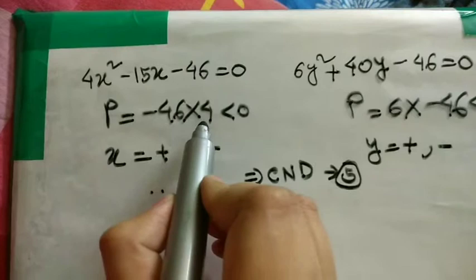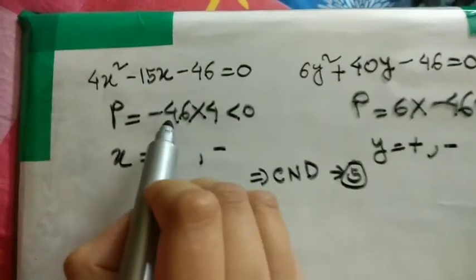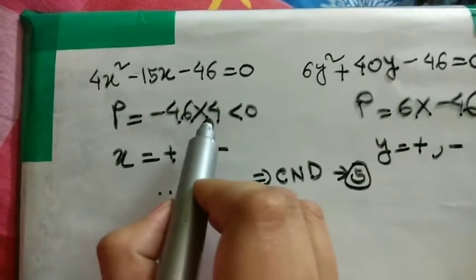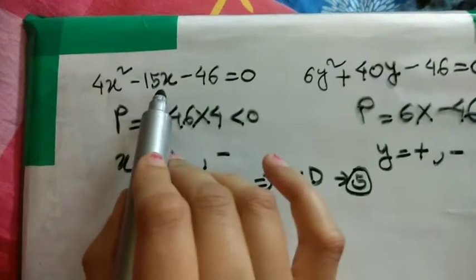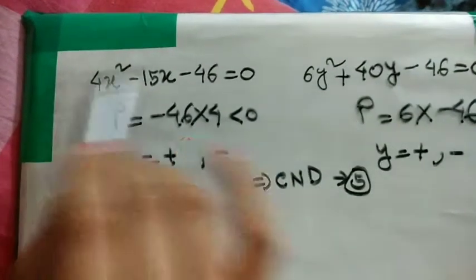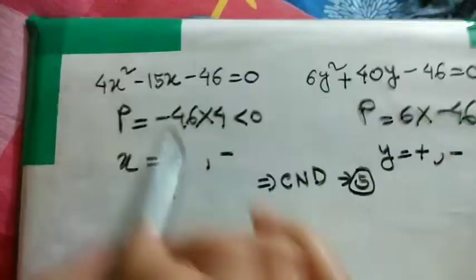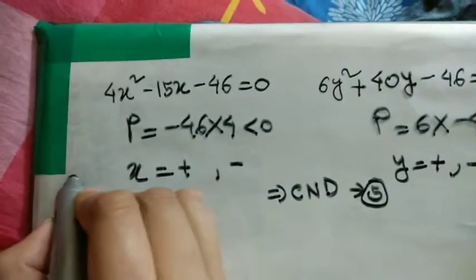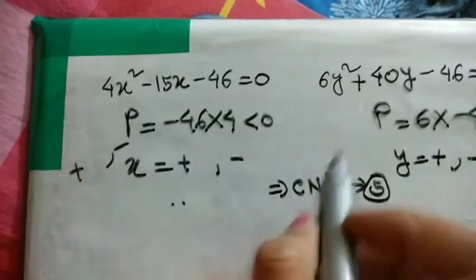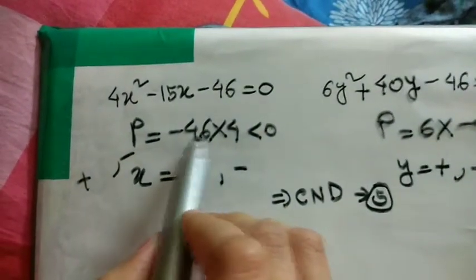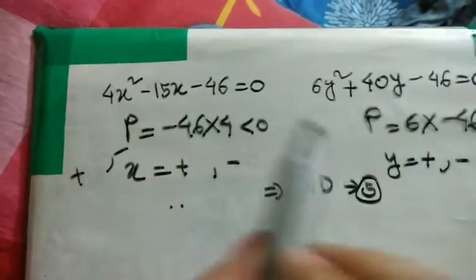Now 46 into 4, we have to sum it up. See, there are 1 plus and 1 minus, and we have to bring over here 1 plus and 1 minus. So then 1 minus. Now whose difference becomes 15.